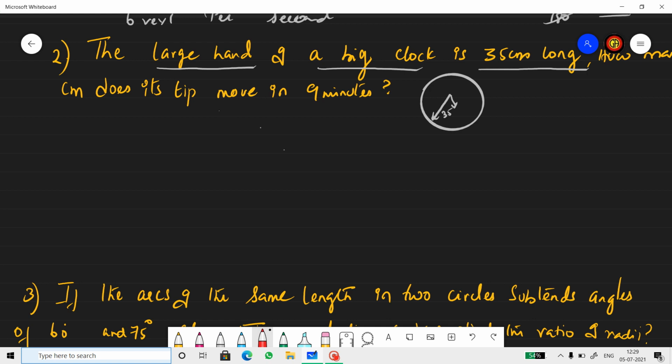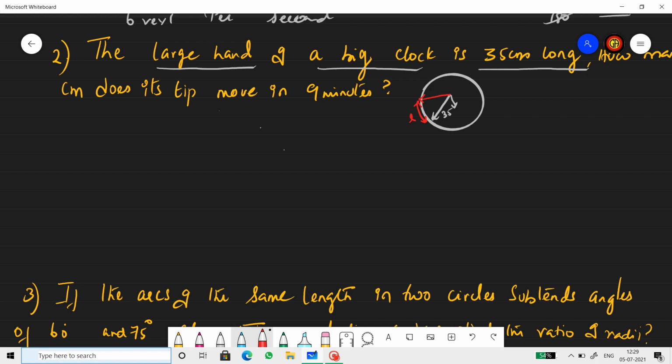Let's assume here is the new position, or here is where it stops. So how many centimeters the tip moves is equal to the arc length, isn't it? Now what we know is only the radius.